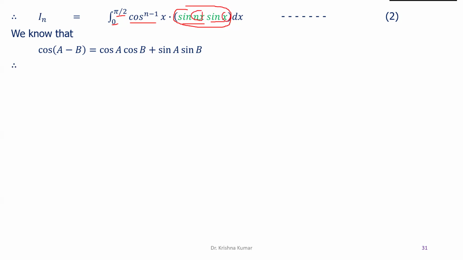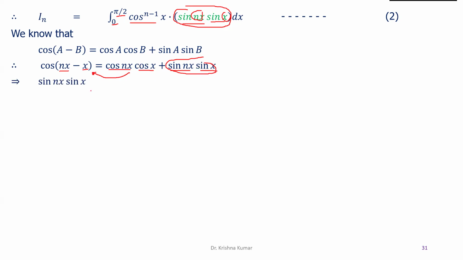So let us substitute: cos(nx minus x) is nothing but cos nx into cos x plus sin nx into sin x. We have to transpose this to the left hand side. Then we have the value of sin nx into sin x, which is nothing but cos(n minus 1)x minus cos nx cos x.